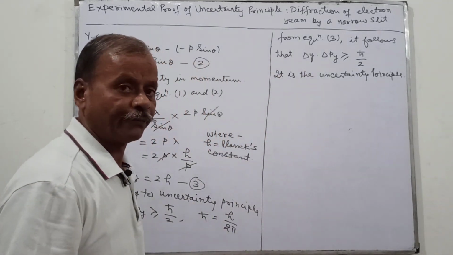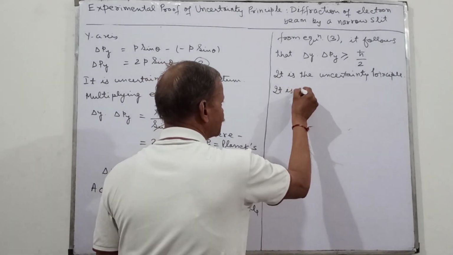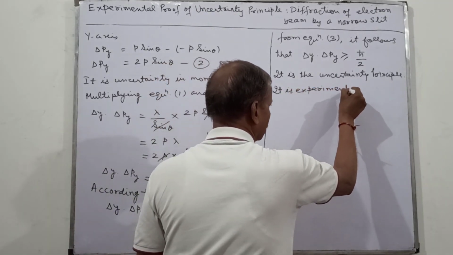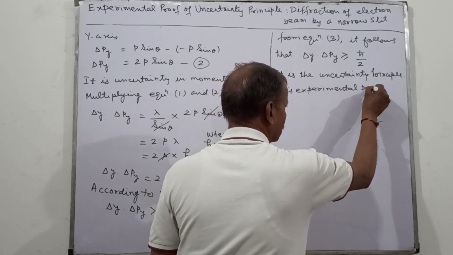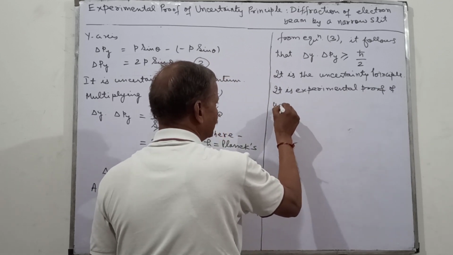So this is the proof. It is the experimental proof of the uncertainty principle.